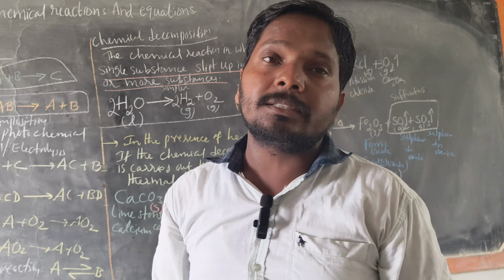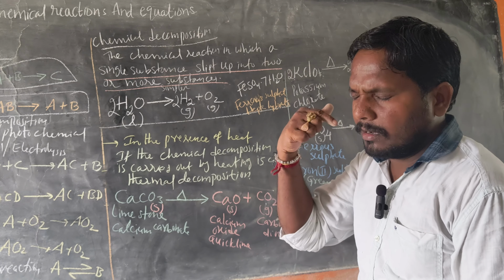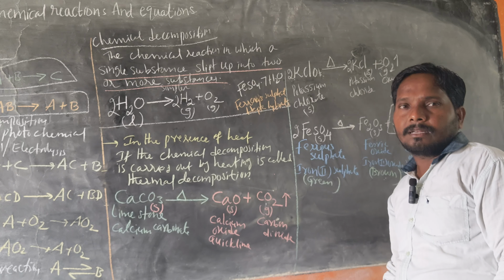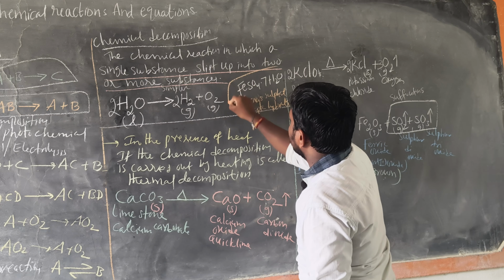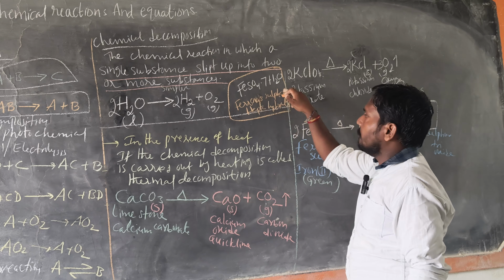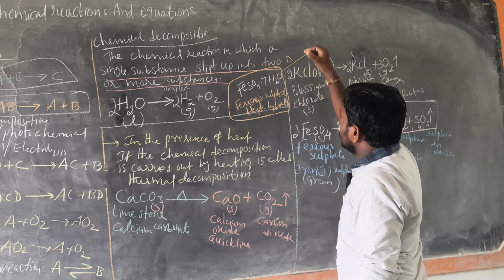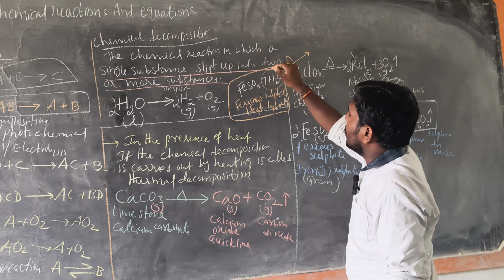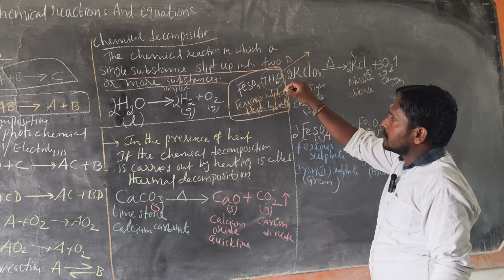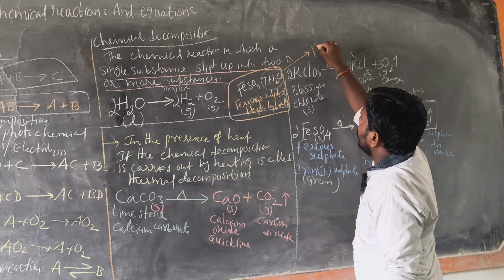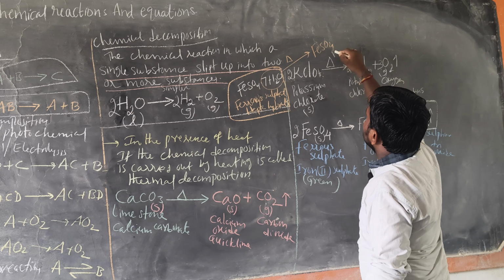We will discuss crystallization of water in the acids, bases and salts chapter. So keep in mind ferrous sulfate 7H2O, again called ferrous sulfate heptahydrate. On heating, the 7 molecules of water are lost and it forms only iron sulfate.